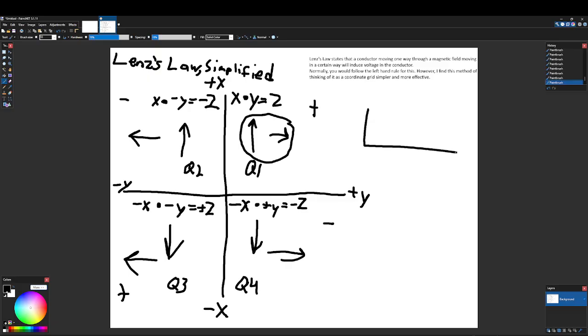Now, if you have a magnet, let's say it's south to north, and your magnetic force is going this way, and you have a conductor that's going up, that's how you can think about this.